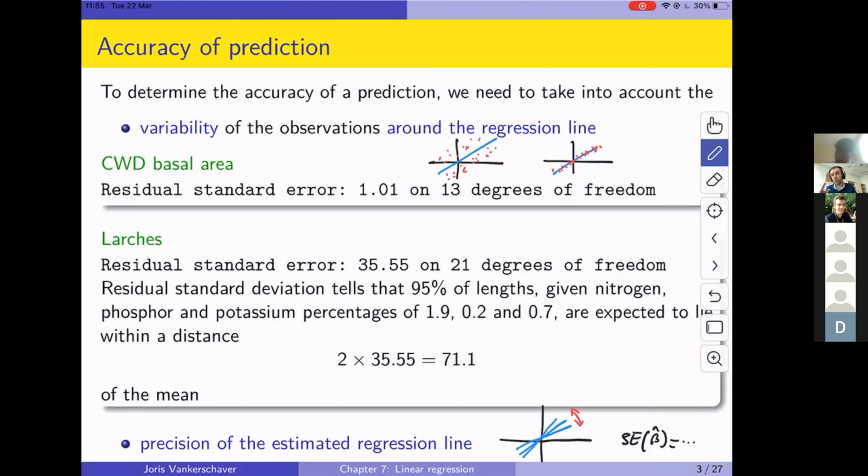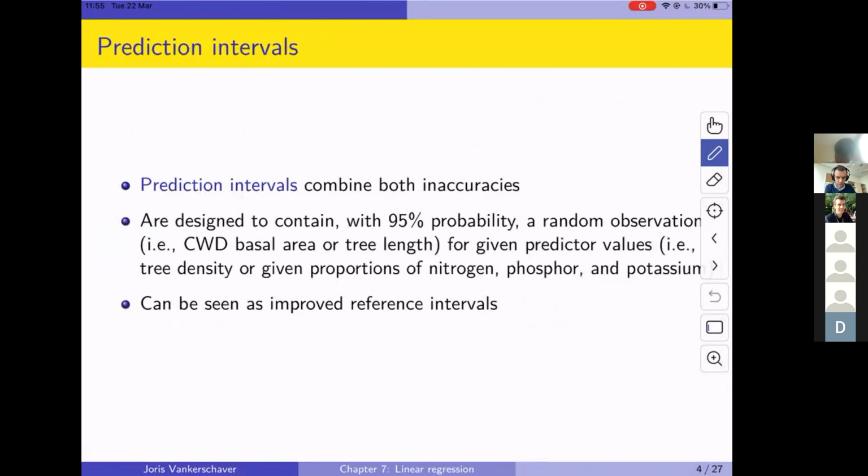Both sources of uncertainty are going to impact our prediction uncertainty, and weaving them together is quite complex. Thankfully, R is going to make things easy for us, and it's going to compute a prediction interval for us automatically without us having to work through the formula.